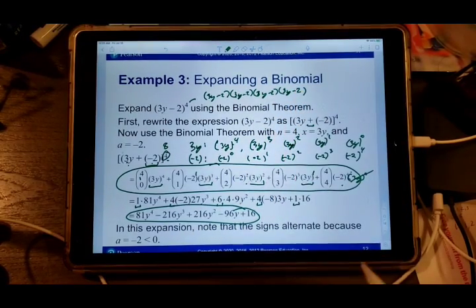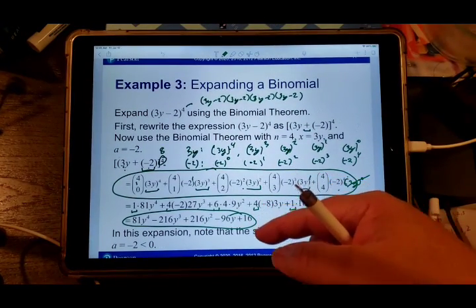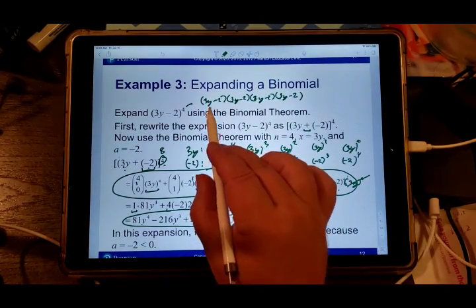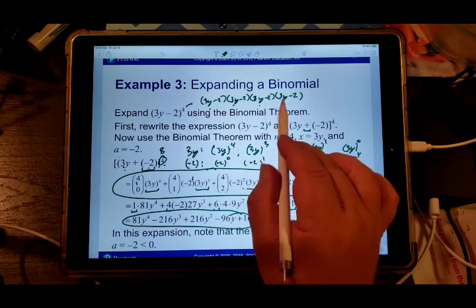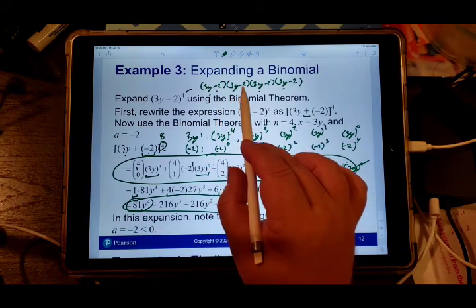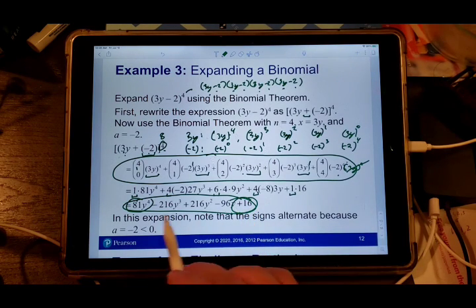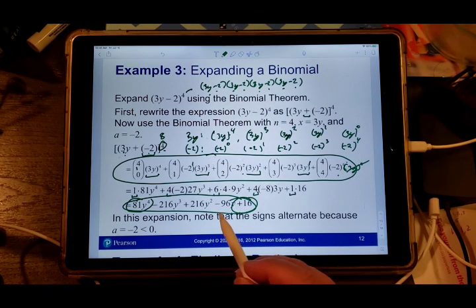If we wanted to really find out what is that all multiplied together and put in its polynomial form, I'd have 3y times 3y times 3y times 3y. So of course I would have 81y to the fourth. I'd have this minus 2 times minus 2 times minus 2 times minus 2 in the last term. But these middle terms took a little bit of work to figure out.